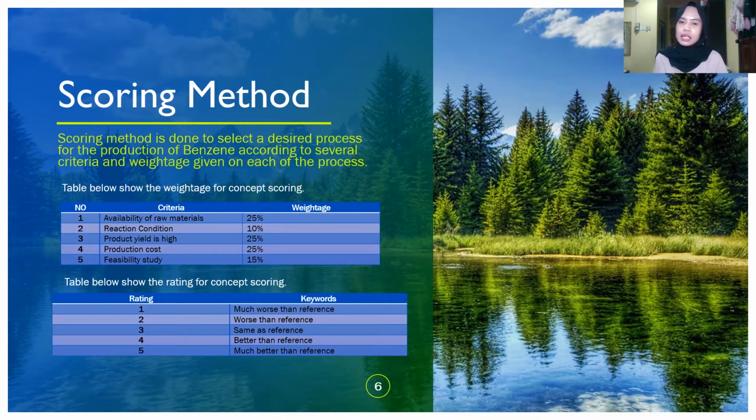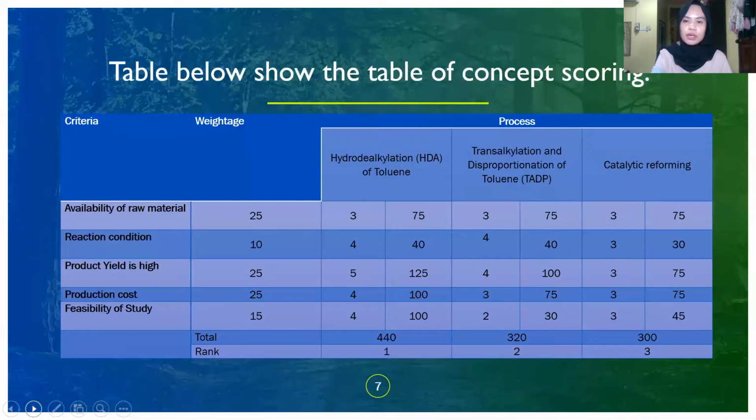Lastly, for the feasibility of study, the weightage is 15%. The table also shows the rating for the concept scoring, which we rate from 1 to 5, where 1 is much worse than reference, 2 worse than reference, 3 same as reference, 4 better than reference, and lastly 5 much better than reference. Now let us see the table of the scoring method that we have done.